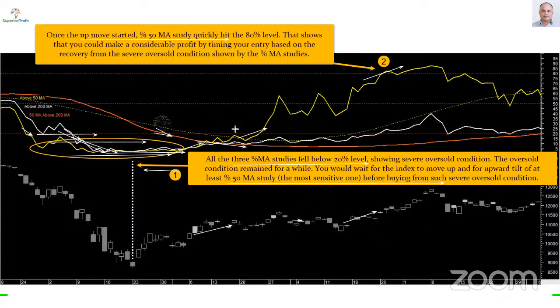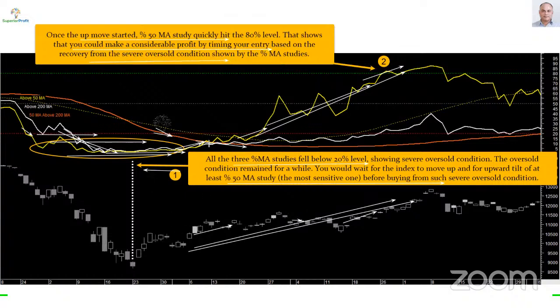The scale may be compressed, but see how rapidly, this is a daily chart. By the way, the percentage MS studies are usually studied on the daily chart, and this is a daily interval chart. So you know how fast it went from the 20% level to the 80% level. That shows that you could make a considerable profit by timing your entry based on the recovery from the severe oversold condition shown by the percentage MS studies.